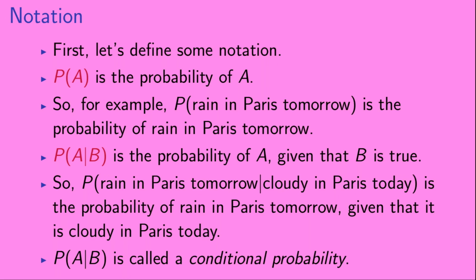So, P of rain in Paris tomorrow given cloudy in Paris today is the probability of rain in Paris tomorrow given that it is cloudy in Paris today. P of A given B is called a conditional probability.